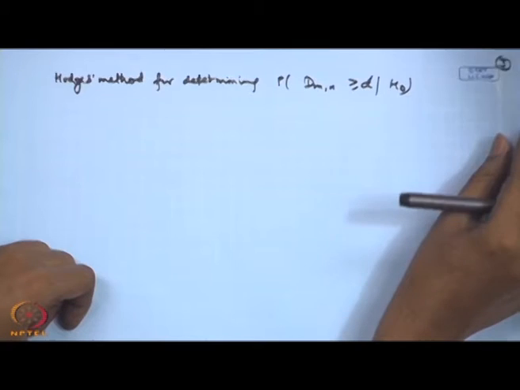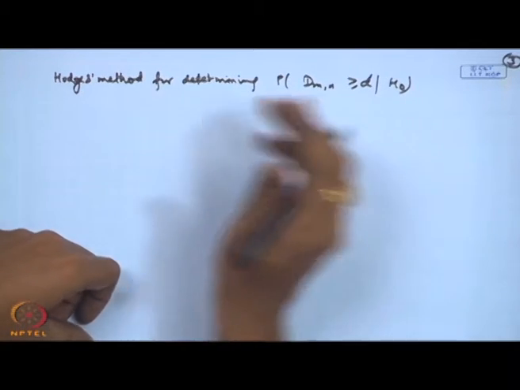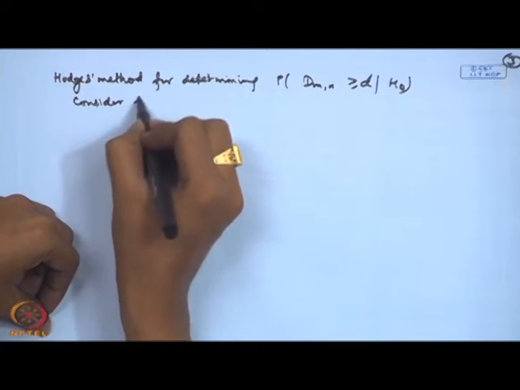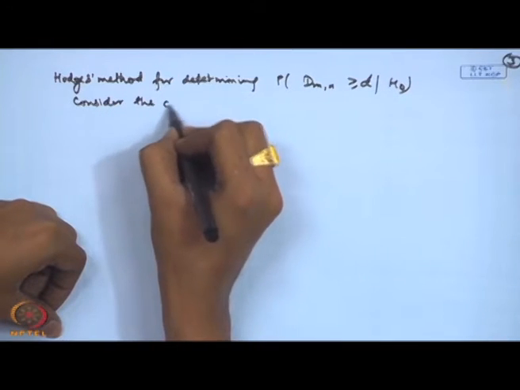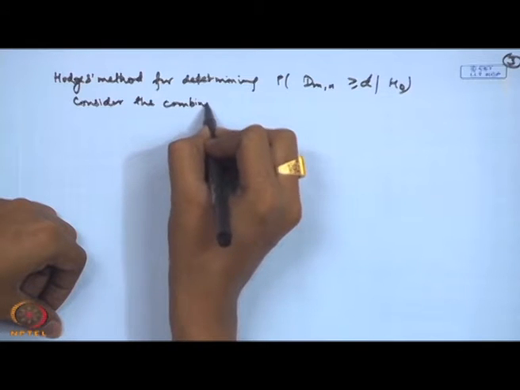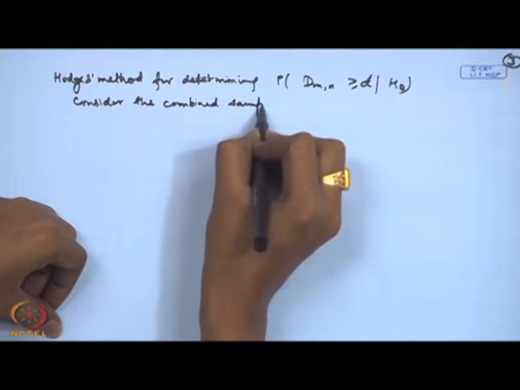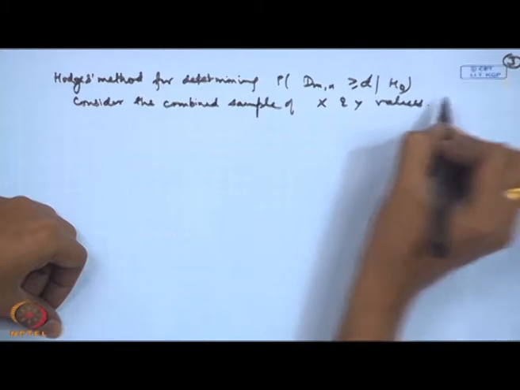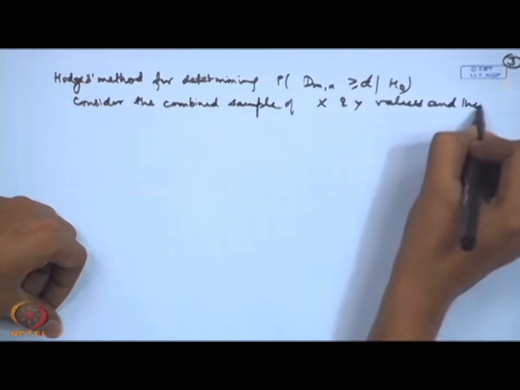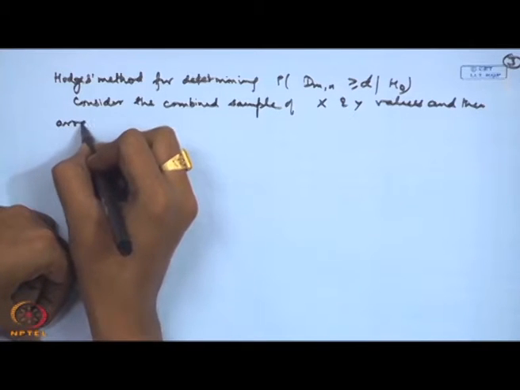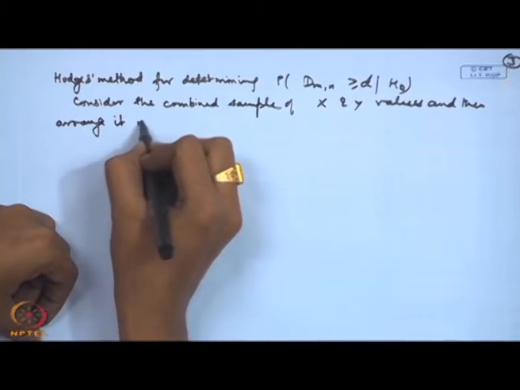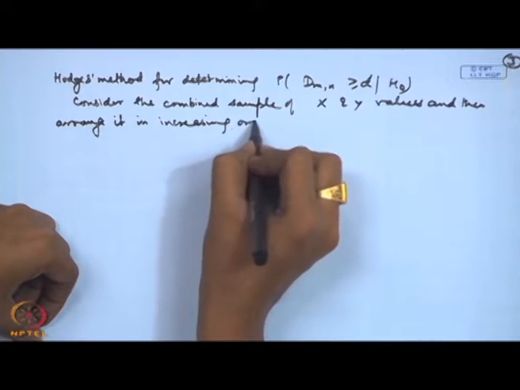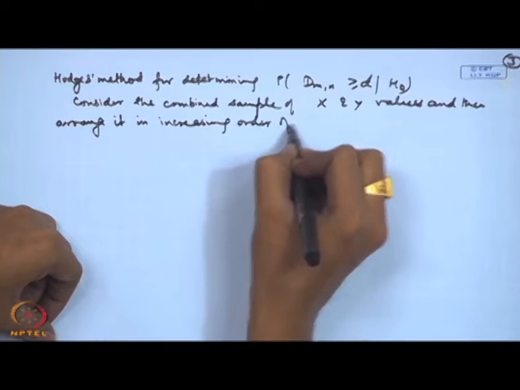So first thing is that we consider the combined sample of x and y values, and then arrange it in increasing order. That means we rank them in order of magnitude.